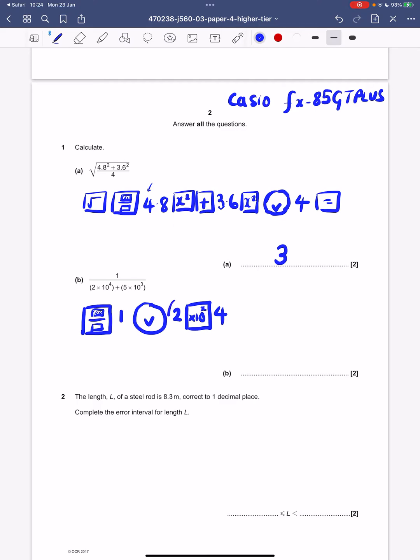Then plus open bracket, 5 times 10 to the power x, 3, close brackets, and then equals. I've got the answer 1/25,000.